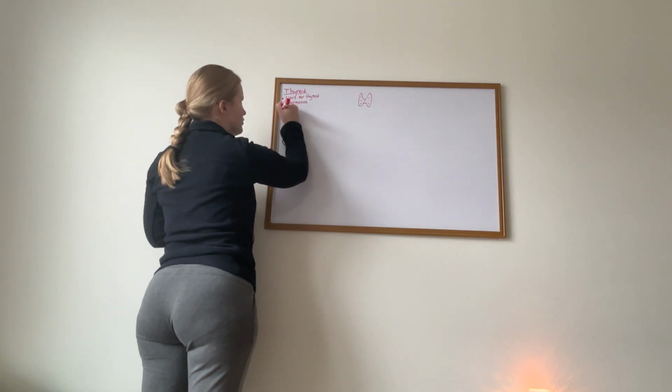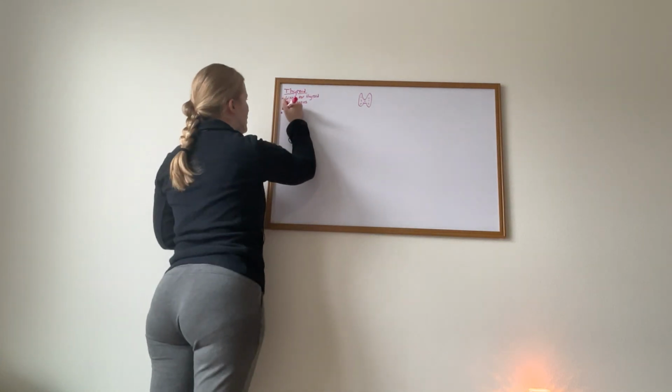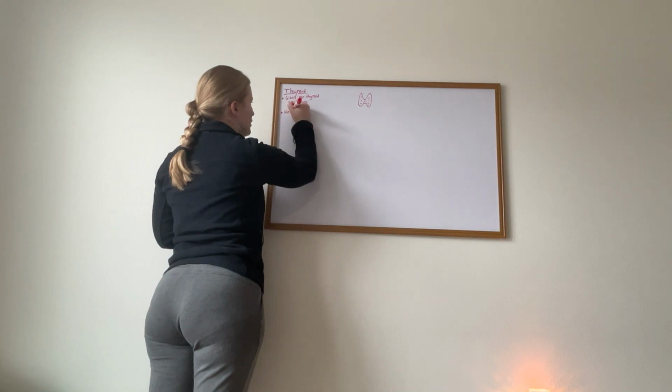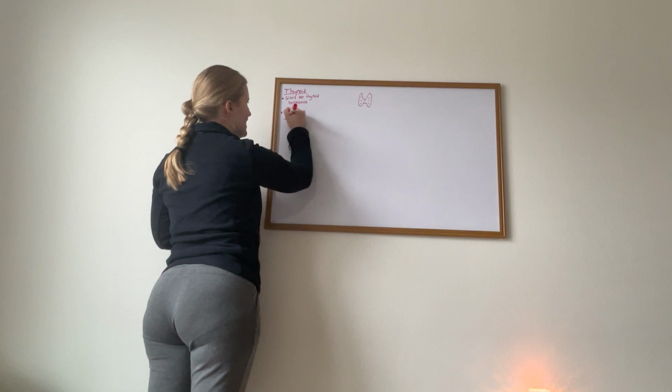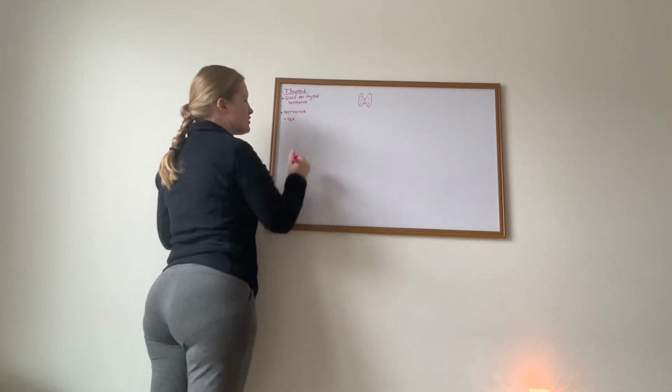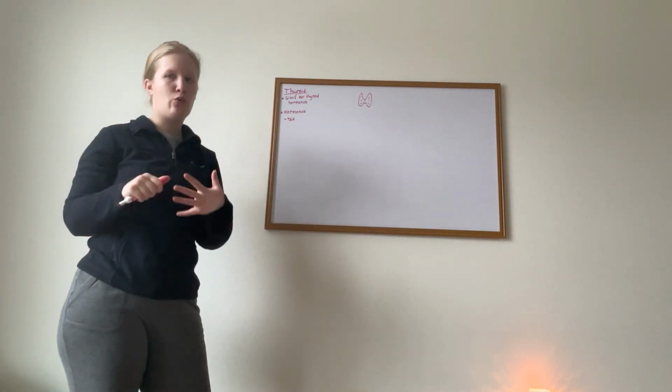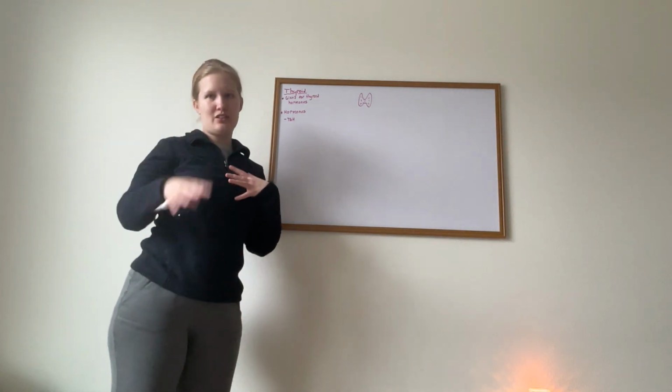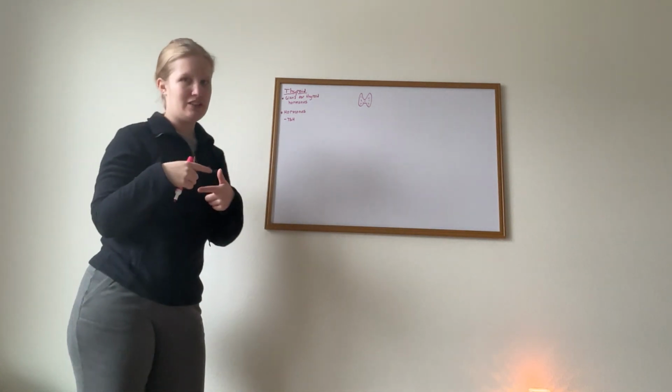Now the main hormones that we're going to talk about are, right, hormones here. We have TSH, which stands for thyroid stimulating hormone. So this one binds to the receptors on the thyroid and stimulates it.